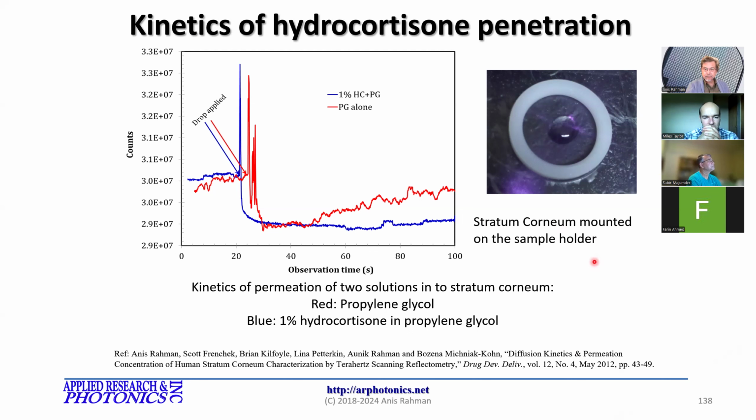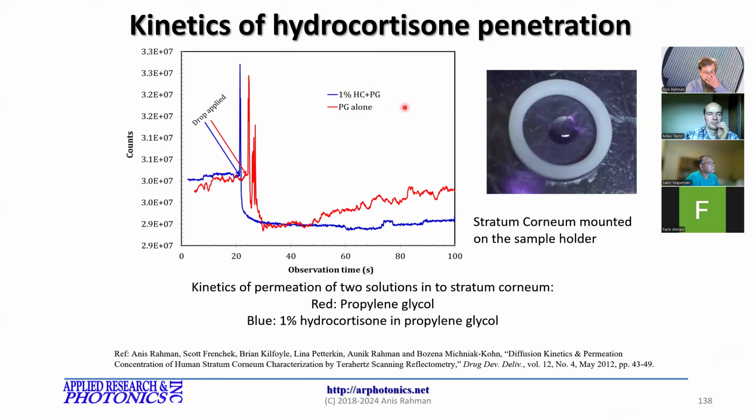And then once we do that, what we have done here is the red curve is the propylene glycol, and the blue curve is 1% hydrocortisone in propylene glycol.